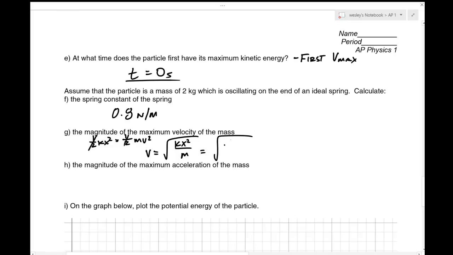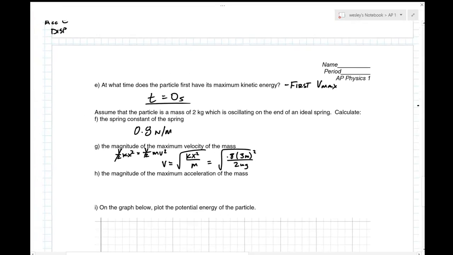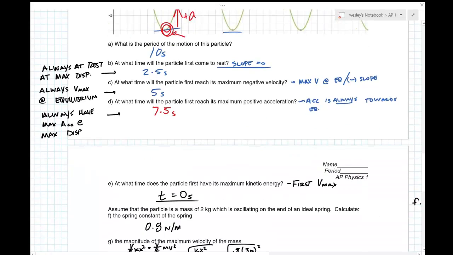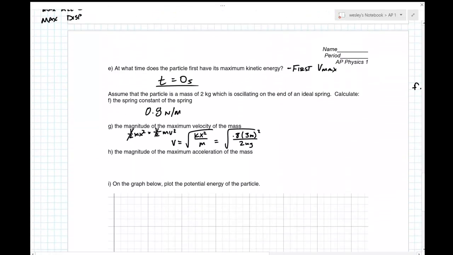So it's the square root of 0.8 times 3 meters as our maximum displacement squared over the mass of 2 kilograms. I know this was hard to see. This is 0 and this is 2, and that has to be 1, and so that makes that 3. So my maximum displacement is 3 meters. That makes my maximum velocity 1.9 meters per second.